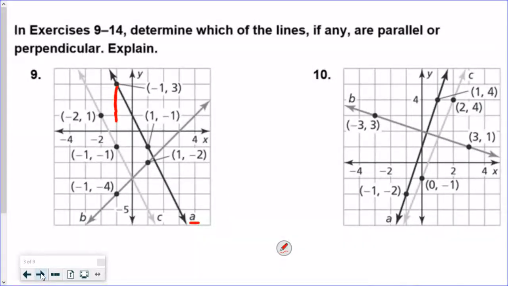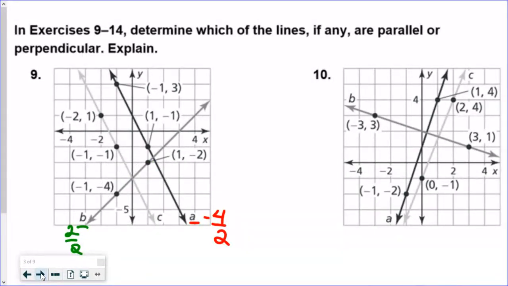Okay, so let's count. 1, 2, 3, 4, 1, 2. So that's -4/2. Okay, now I'm going to erase that and we'll say the green is still line B. Here's B. This is 1, 2, 1, 2. So that's 2/2, and it's positive.